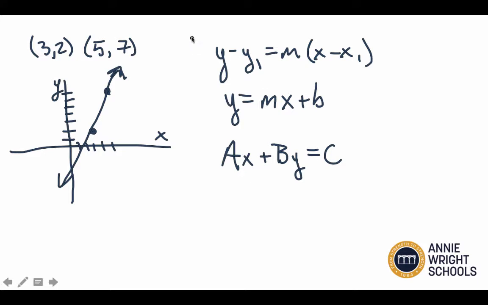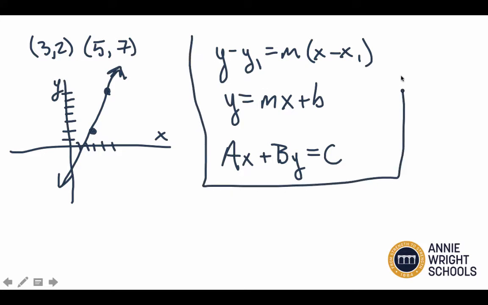You need to know how to work with any of these 3 forms, and you also need to know that most lines, actually I think all lines with the exception of vertical and horizontal lines, can be written in the form point slope, slope intercept, or standard form. So you can have 3 different representations of the exact same line.